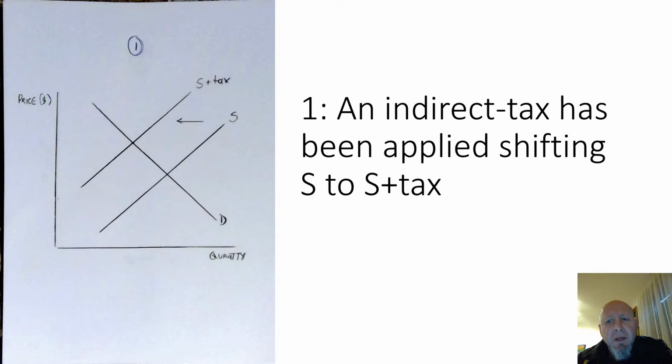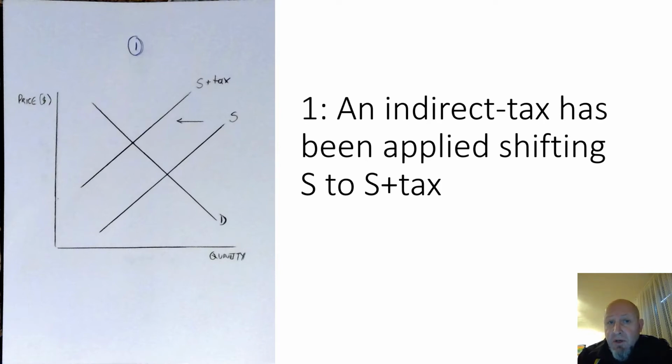Seeing is believing. As you can see, I have price on the y-axis. I have quantity on the x-axis. Initially, I had a supply and demand curve. The supply curve has shifted into S+tax.